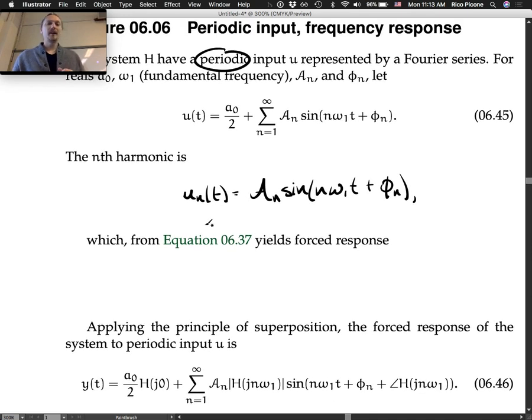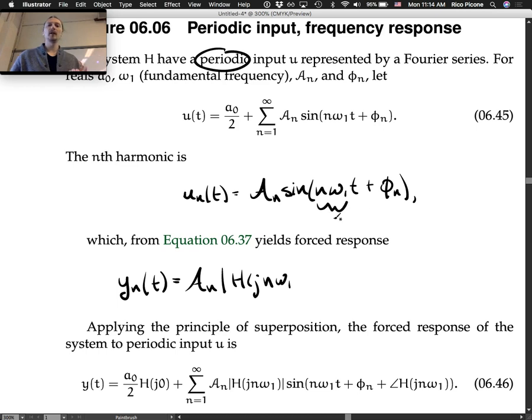So we can say that this term, un, contributes to the output a term yn of t, which equals script A n times the magnitude of the frequency response function, and specifically not at any frequency, but at the frequency n omega 1. So this is the frequency of the input sinusoid, right?